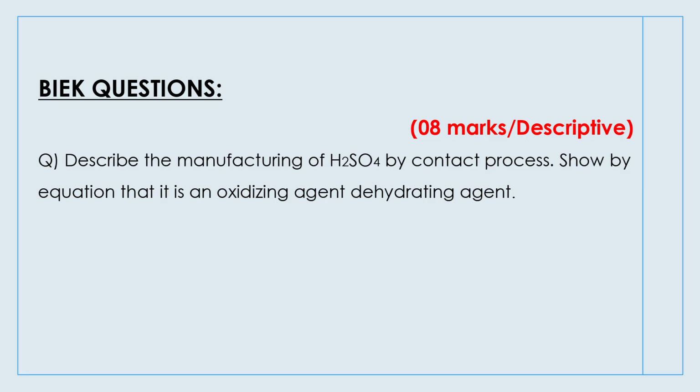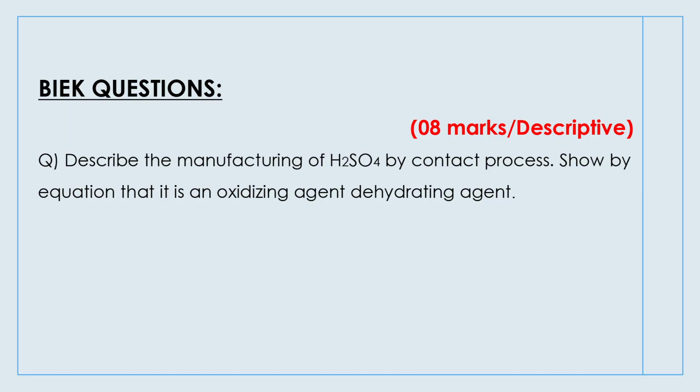In oxidizing agent, you have 4 equations and in dehydrating agents you have 3 equations. If you watch carefully, they are asking for the manufacturing of sulfuric acid by contact process. It has 4 steps. So 4 marks for those steps, 1 mark for your figure. So you get 5 marks.